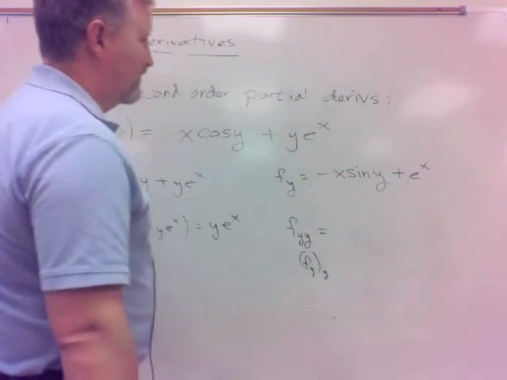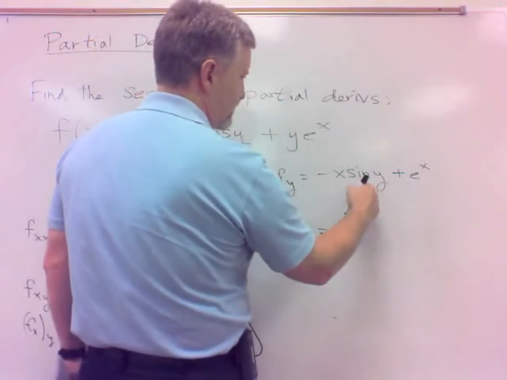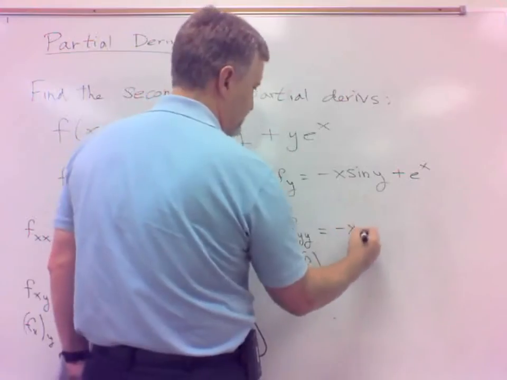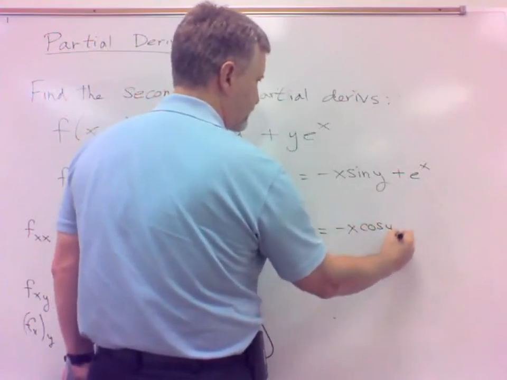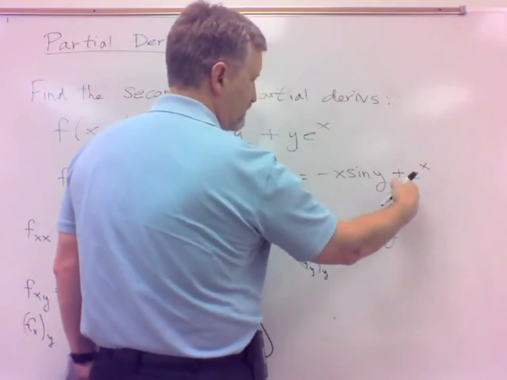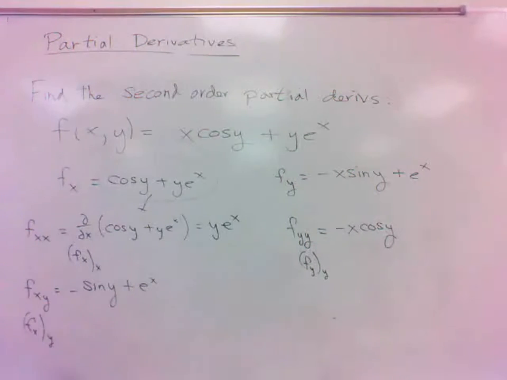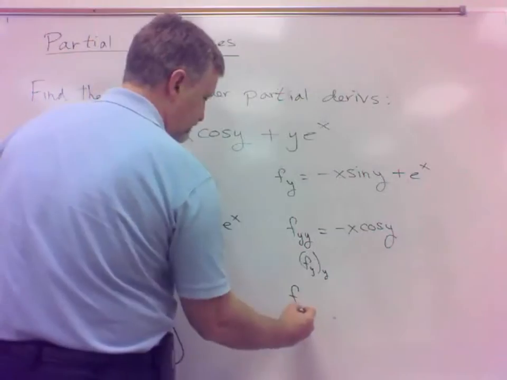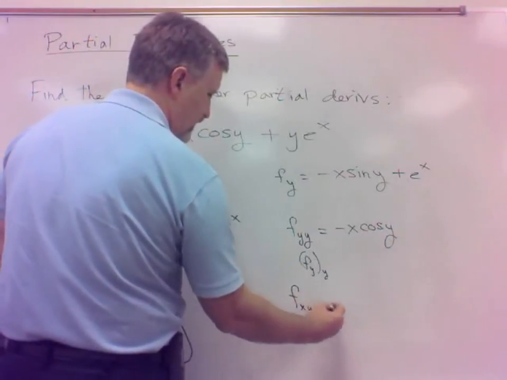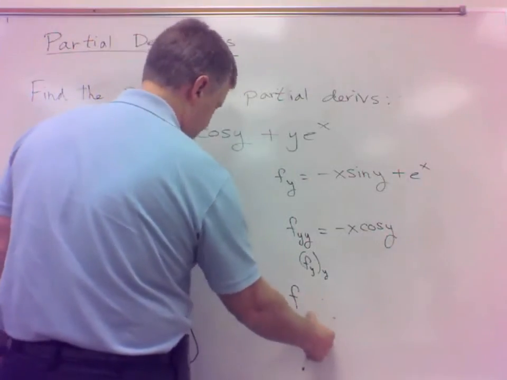All right, let's see. What would that be? The x is constant, so it'd just be minus x cosine y. F of x y, sorry, y x, we already did that one.